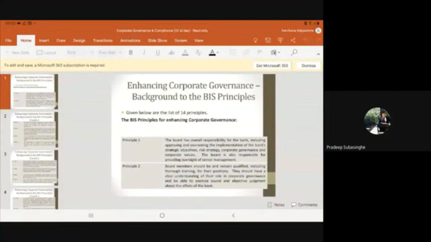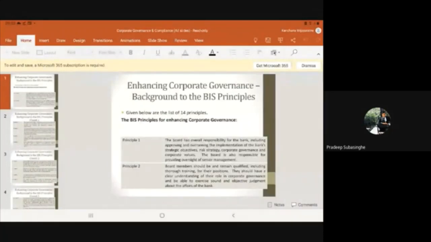Up to now, we have learned in this second module about corporate governance. Then we identified the objectives of corporate governance. Then we went through the definition. We found the best definition given by OECD: there is a set of relationships that are maintained among the stakeholders.